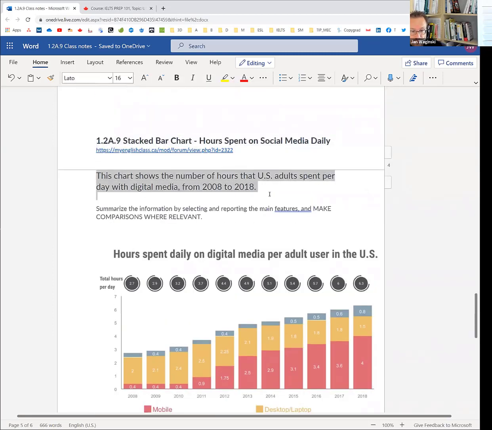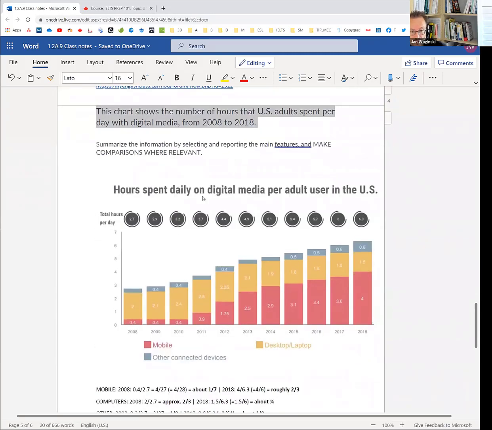You're paraphrasing this, and then you can look for additional information on the graph itself. You can look at the y-axis, the x-axis, the legend. There's no source here, so we don't have that. And then you've got this, which is basically the same. It gives a little bit of extra information that it's hours.